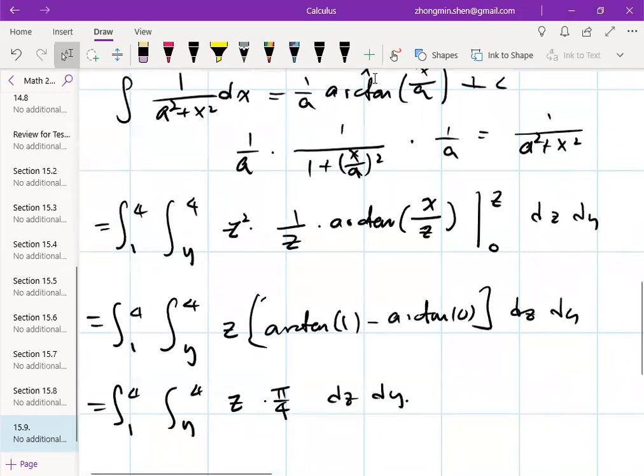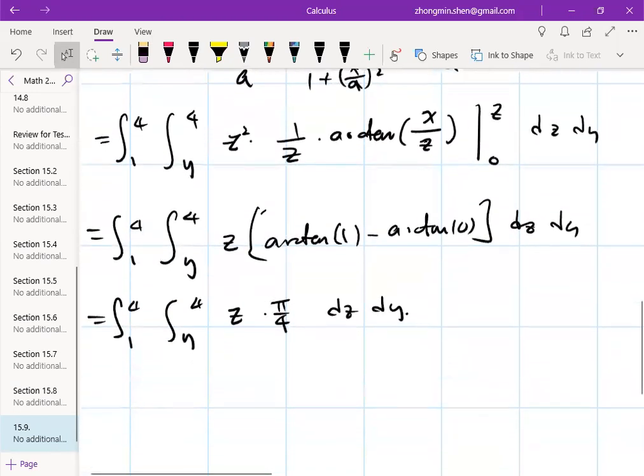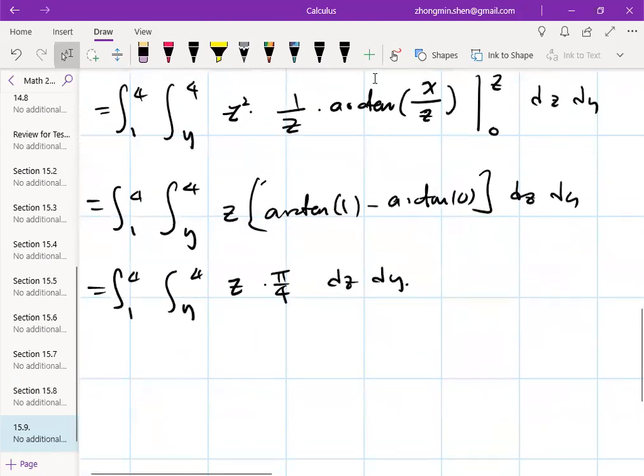As long as you overcome the first antiderivative of z squared over x squared plus z squared, the rest of them will be simple. Then you find the antiderivative of z, which is half of z squared, and evaluate at the two endpoints.